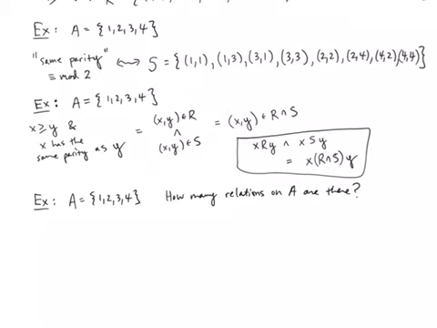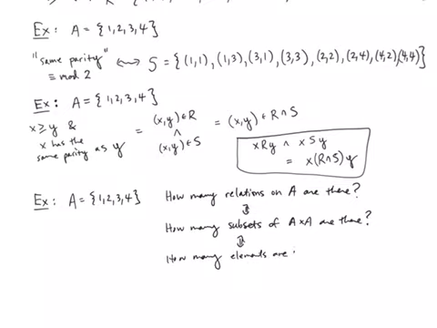So this is equivalent to saying how many subsets of A cross A are there. And so this is just how many elements are in the power set of A cross A.